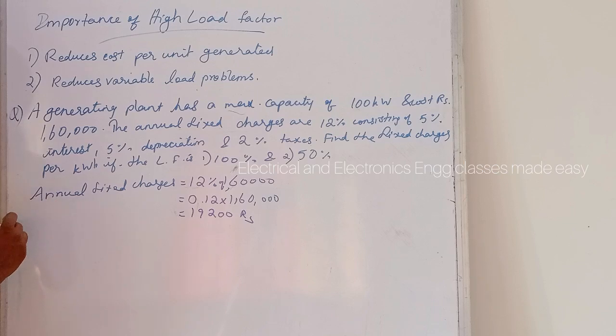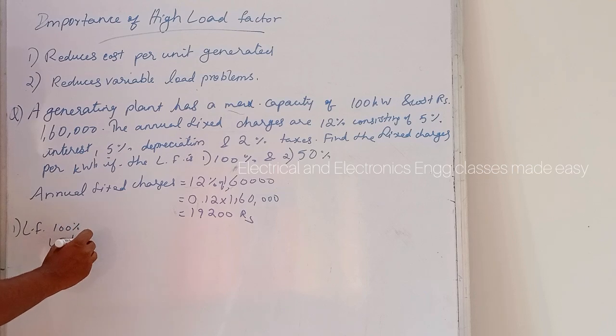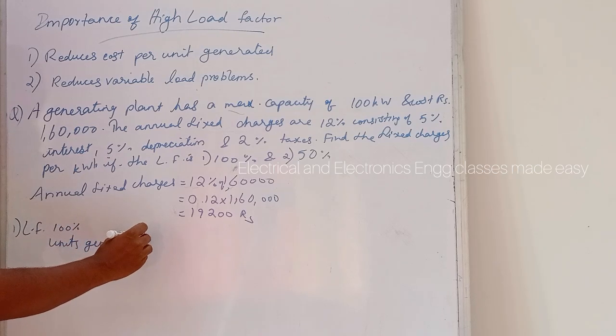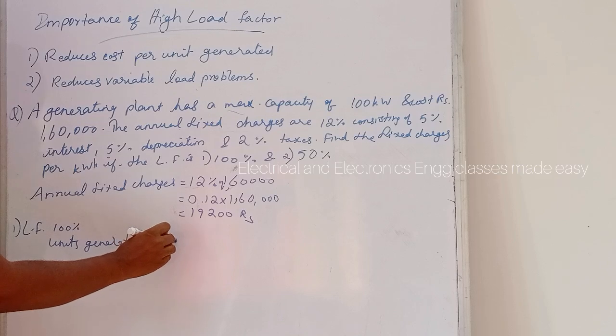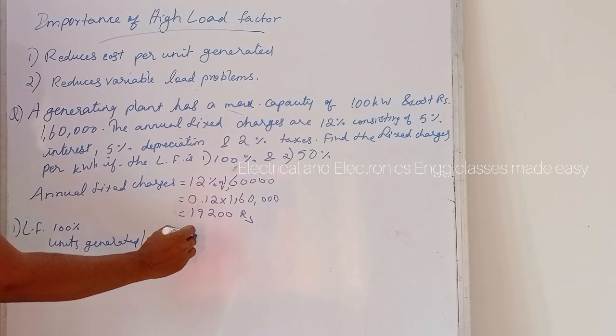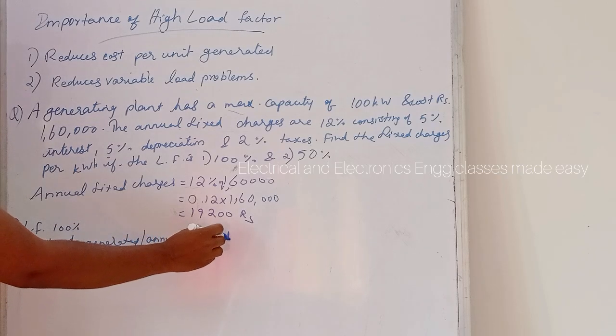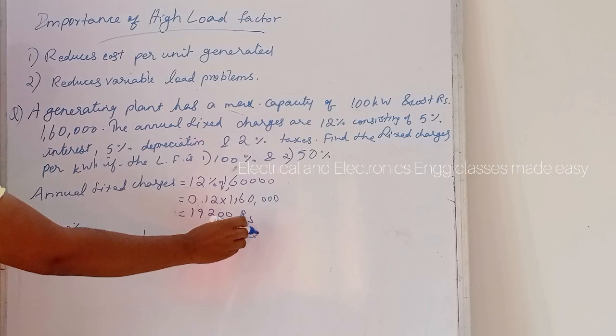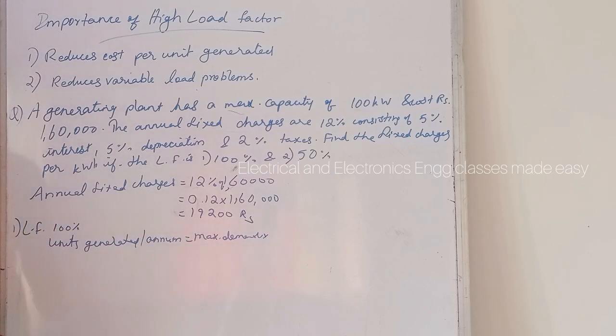That is for the load factor 100 percentage. First of all we have to find the units generated. So units generated per annum is equal to, we have the equation maximum demand into load factor into hours.